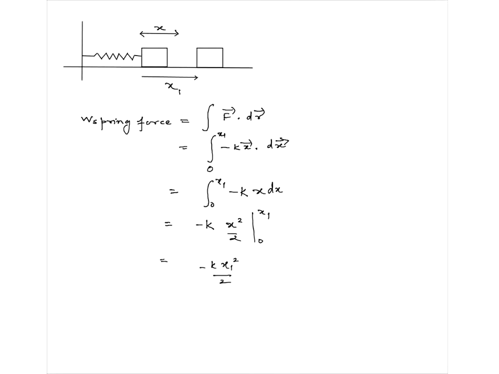So in this particular case, when we found work done by spring force, initially the spring was at its natural length. Now one may ask, what if spring is not at its natural length?